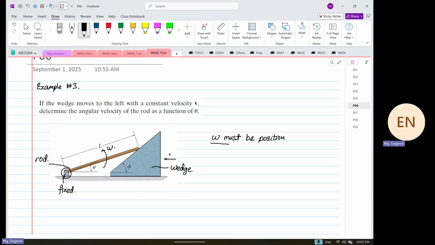So this is like the first hint, and this is like an intelligent guess. Yes or no? It's an intelligent guess that your omega must be positive. The difference between an A student and an A plus is the student is able to identify whether the answer is right or wrong.